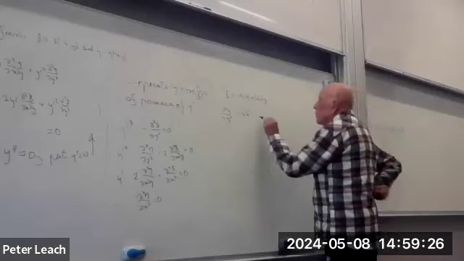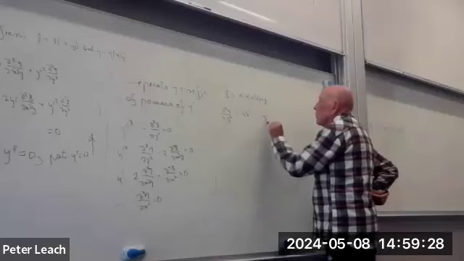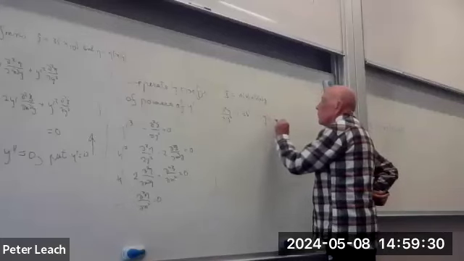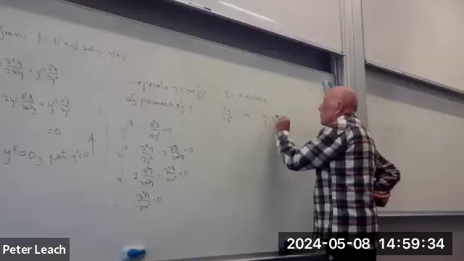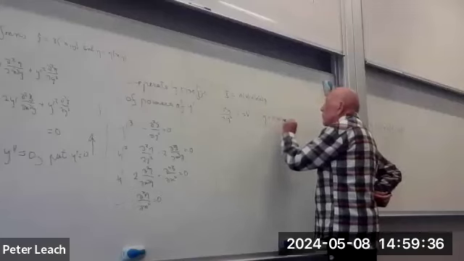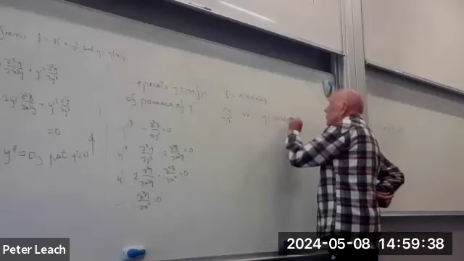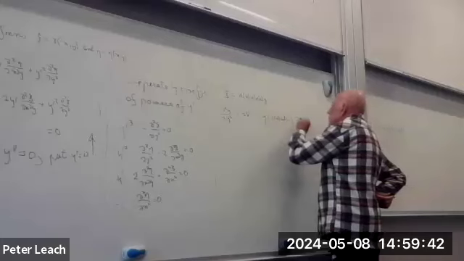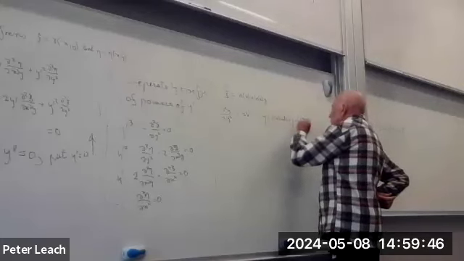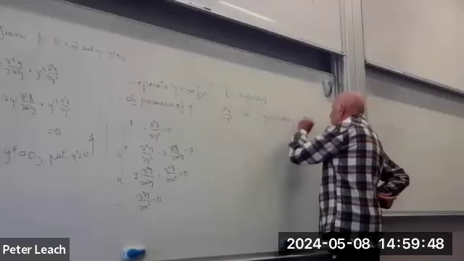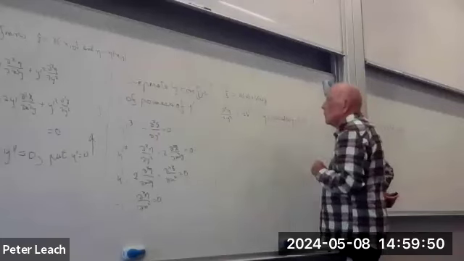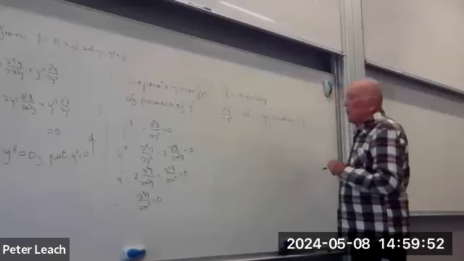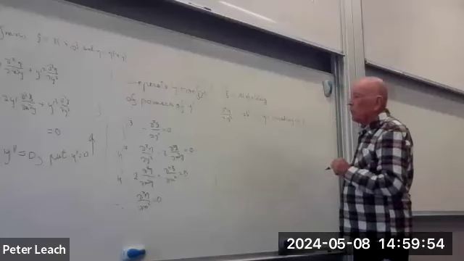So beta will be C of x plus D of x y plus B prime y squared. Well, so far so good.